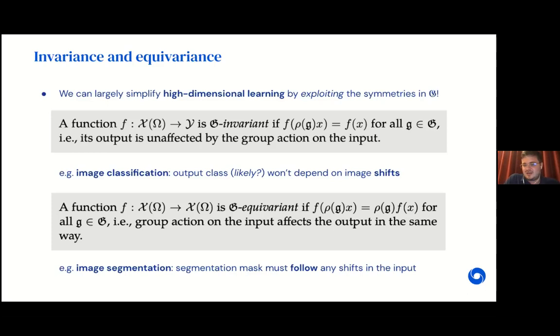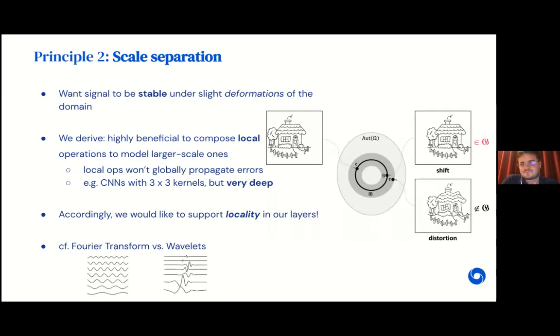Now I have to predict an object class for every single pixel of my image input. There, if I perform, say, any shifts to my input, I would expect my segmentation mask to follow exactly the same shifts. So we can formalize this by forcing our function to be equivariant to shifts.